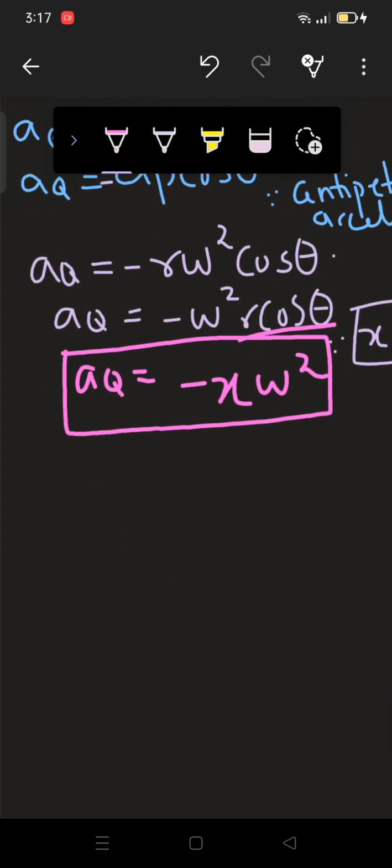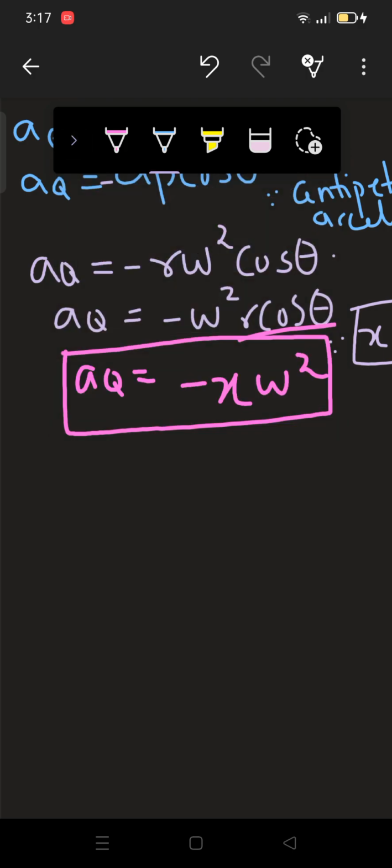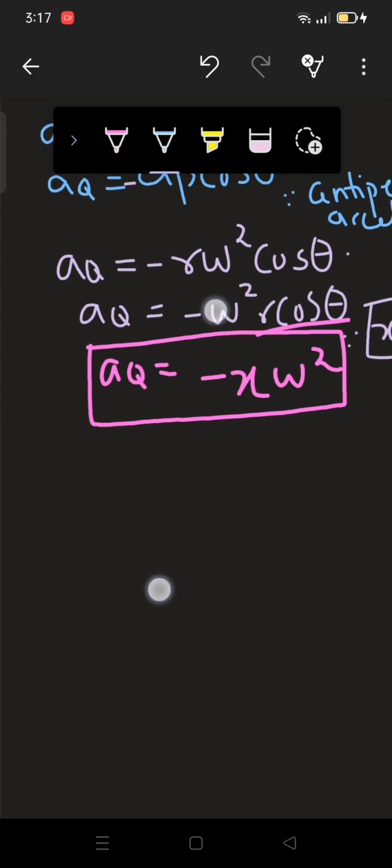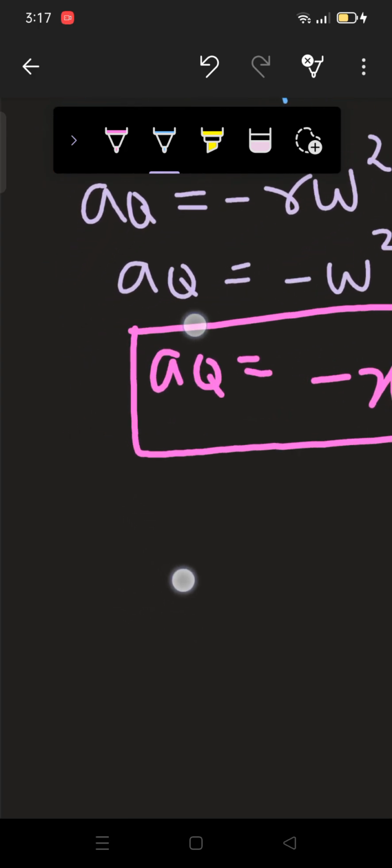Now since this motion is uniform circular motion, let's prove whether this motion is simple harmonic motion or not. To find whether the given motion is simple harmonic motion, we can check that its acceleration is directly proportional to the negative of its displacement, which means we must prove this now, right?